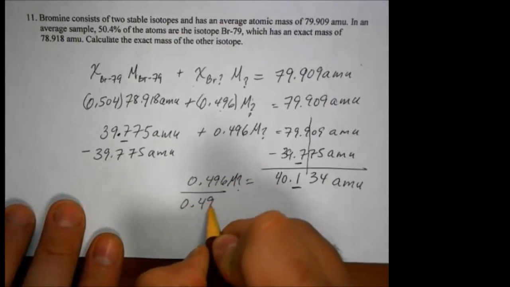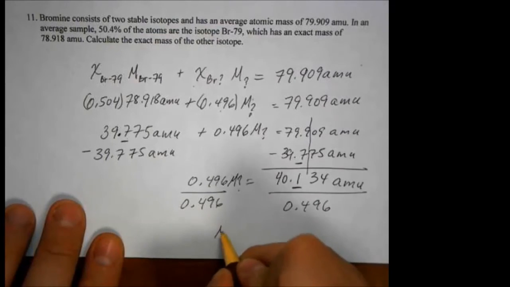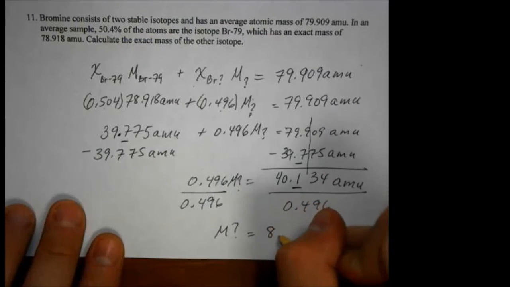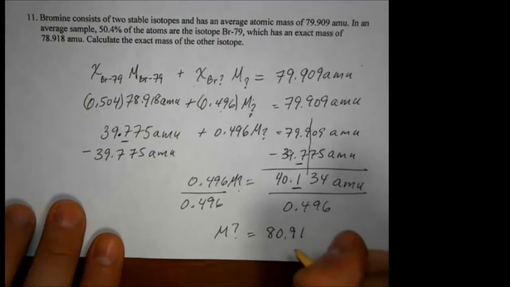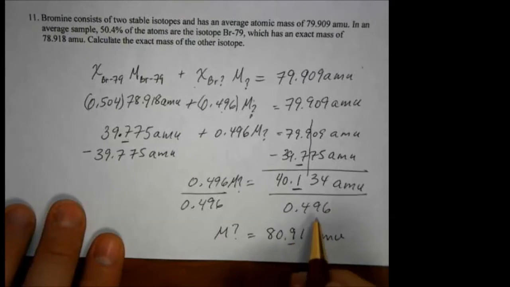So if we divide this by 0.496, our mass is going to be 80.91 AMUs. And since we have 3 significant figures and 3 significant figures, we're going to get 3 significant figures.